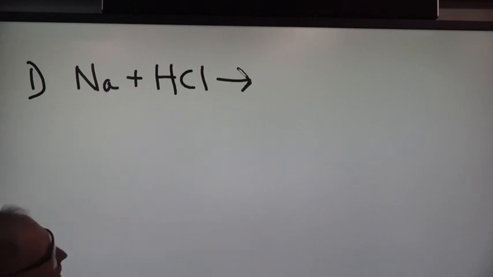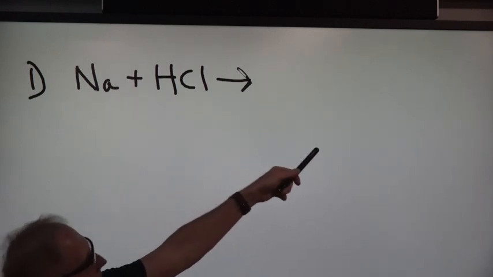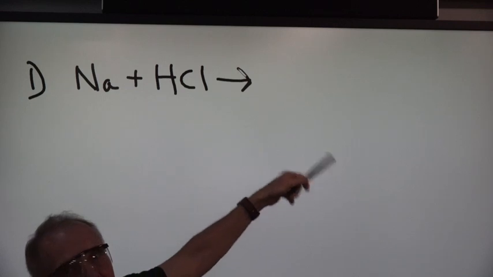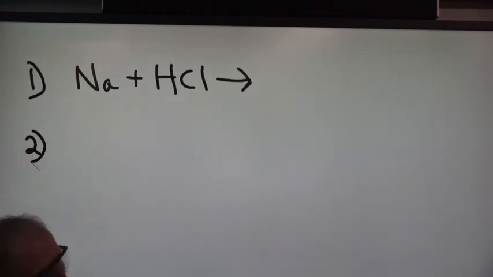First one is sodium and hydrochloric acid. Sodium's way up there. If we ever tried this, it would probably blow up. All right, so you're going to put down, obviously this is way above, so you can do hydrogen gas. You're going to do your single replacement, and then you're going to balance it.